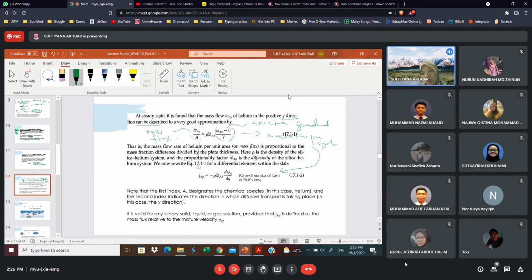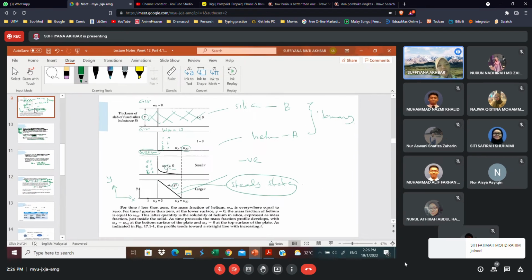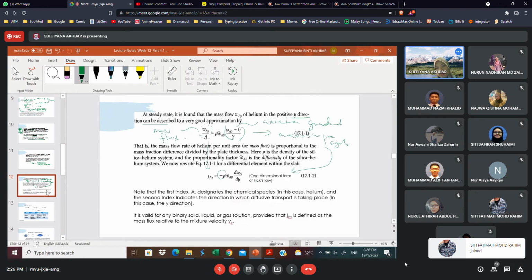So jAY is equal to negative rho DAB times the concentration gradient, d omega A over dy. It is negative because the slope of the graph here is negative. Okay, so this is the one-dimensional form of Fick's law.